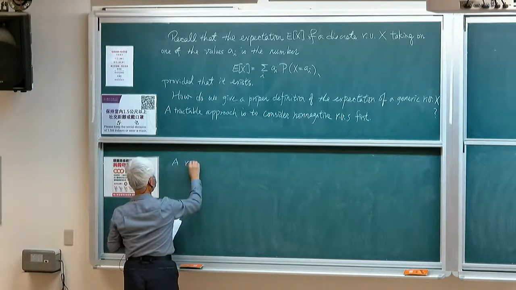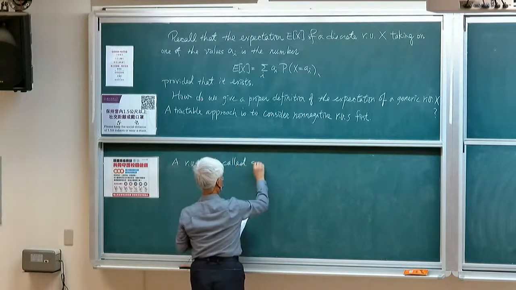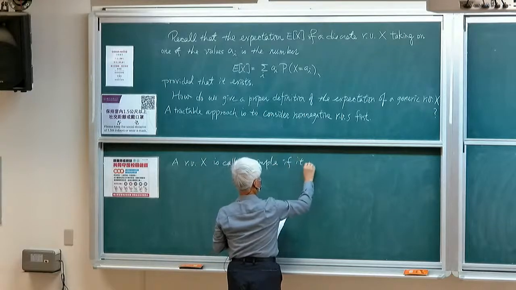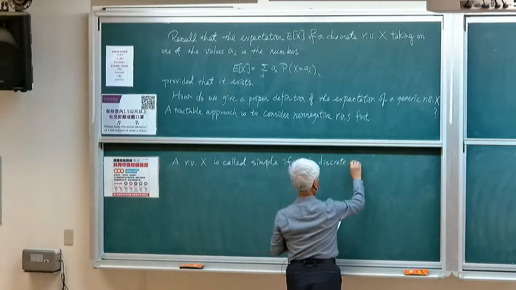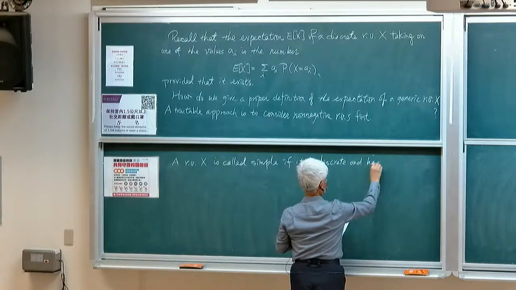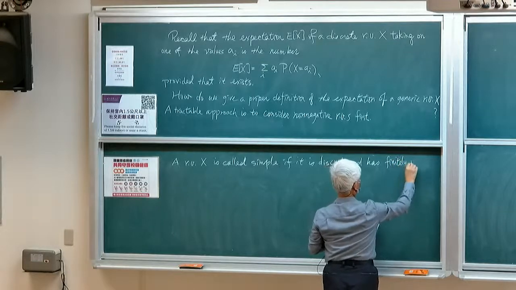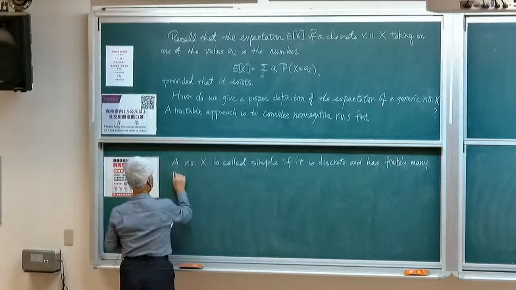So now, a random variable X is called simple if it is discrete and has finitely many possible values.